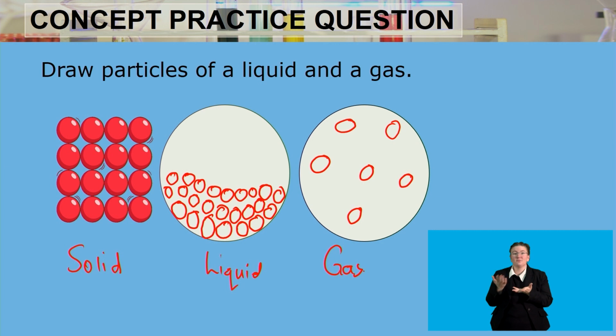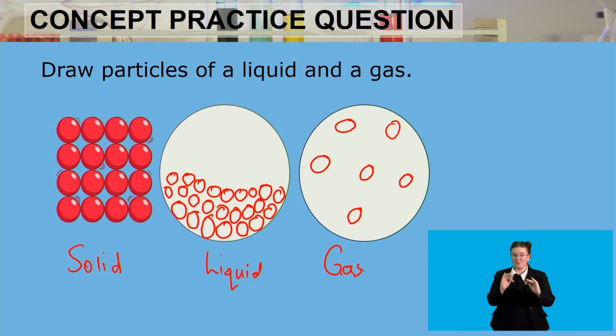So we can see that the spaces between the gas particles are much bigger as compared to the spaces in a liquid state and also in a solid state. However, the particles in a liquid state have spaces which are slightly bigger than the spaces in the particles of a solid state.